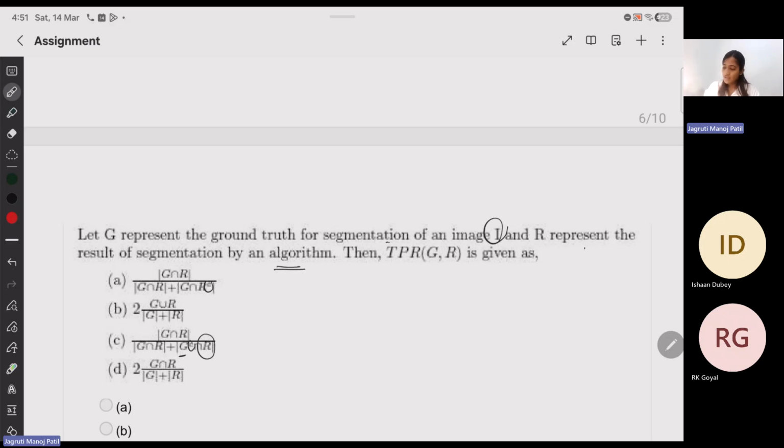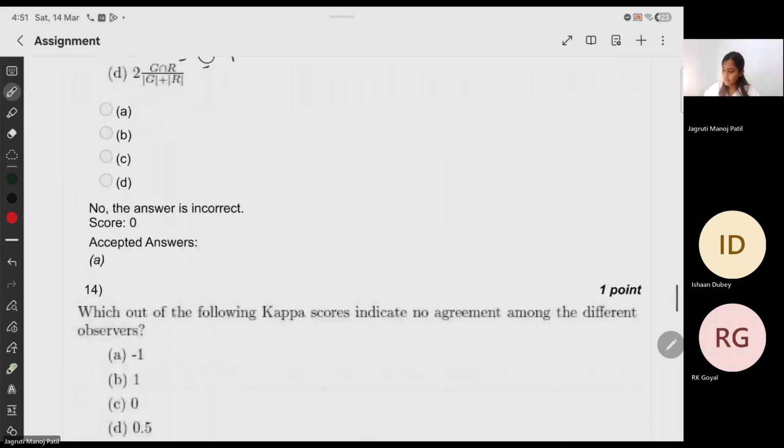So essentially, you need to compare it with G, not with R. You're right that you have figured this one and this one, but one should be complemented here first. So this is the ground truth, and from the ground truth you should subtract the result that you are getting. So this one. Yes. Okay.